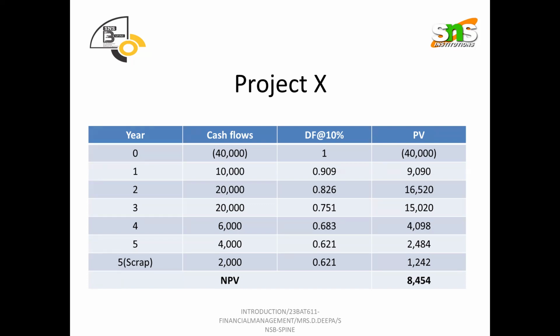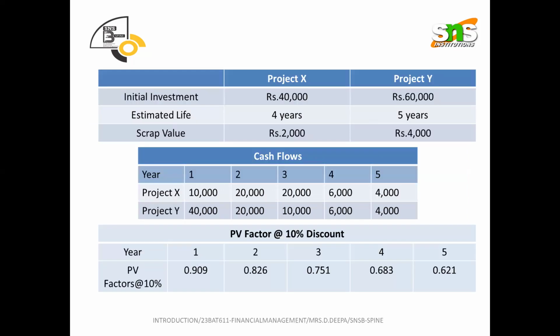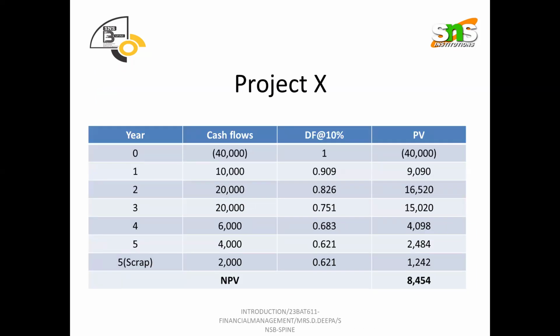Clear? The next column is the discounting factor at 10%. Since here all the data is given, no worries, we are just applying it. For year 0, it is represented as 1. Obviously it is 1, anything power 0 becomes 1.